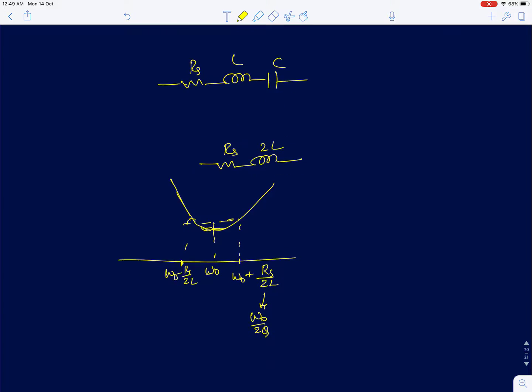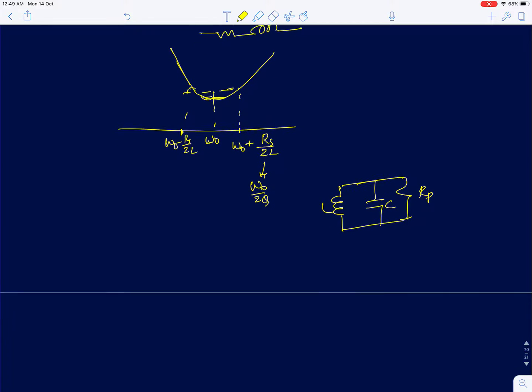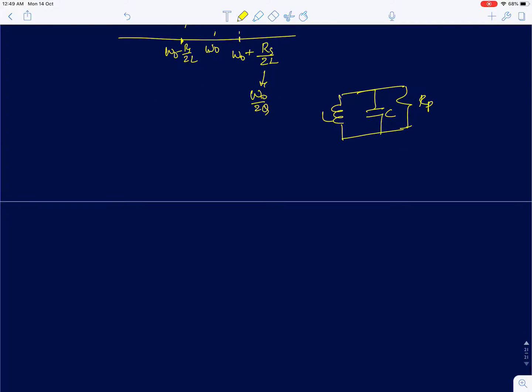And similarly we said for a parallel RLC circuit, the circuit is going to behave like a parallel RC circuit for frequencies very close to the resonant frequency. The impedance is going to drop on either side of the resonant frequency.